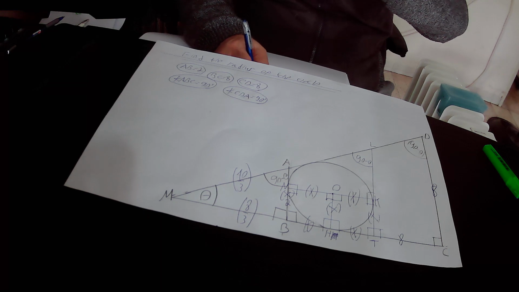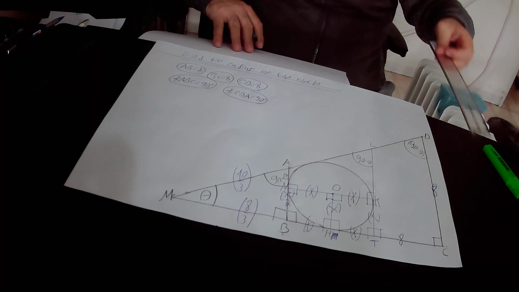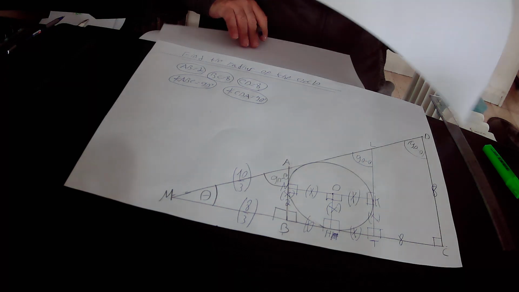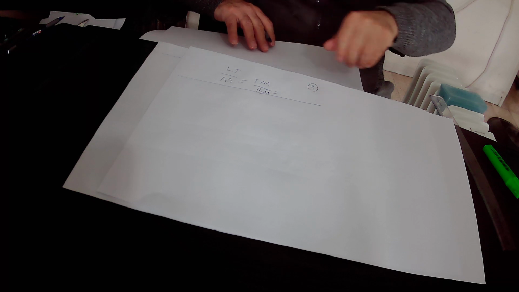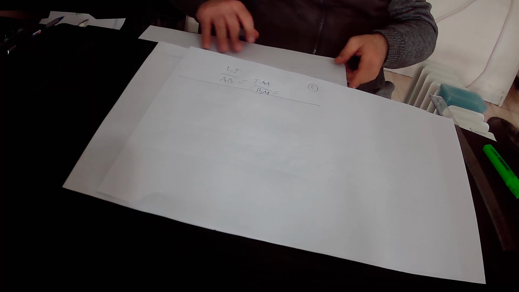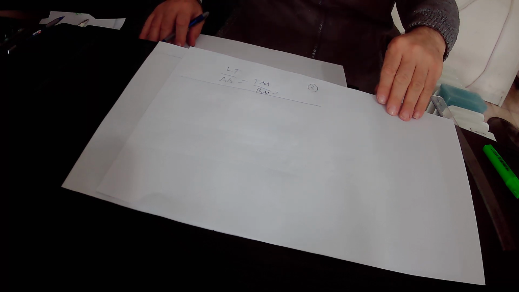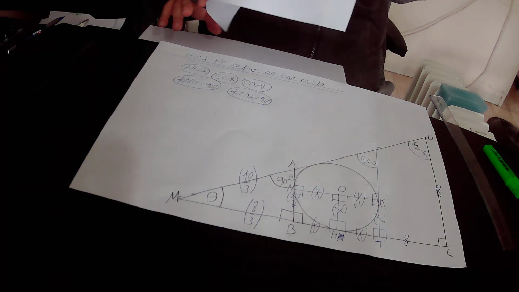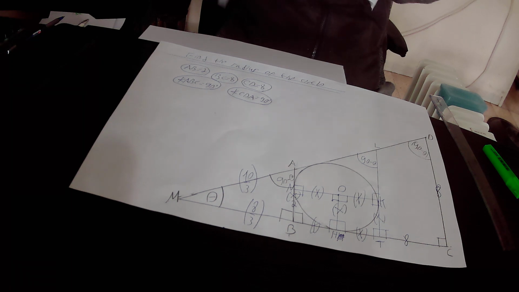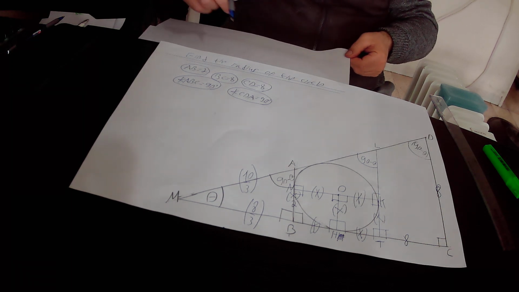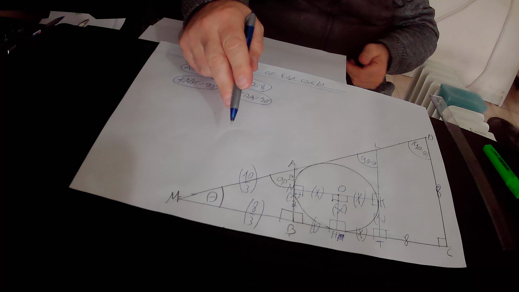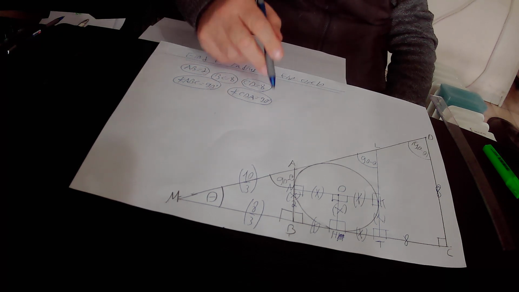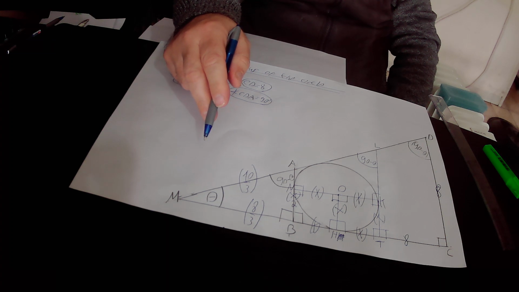Repeat again. We derive that LT over AB equals TM over BM, and also that side LM in the big right triangle LTM over side AM in the small right triangle MBA is equal to the same ratio.